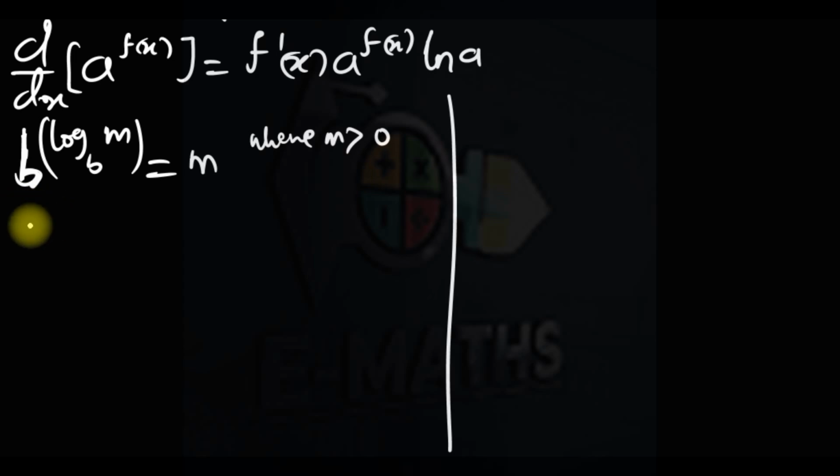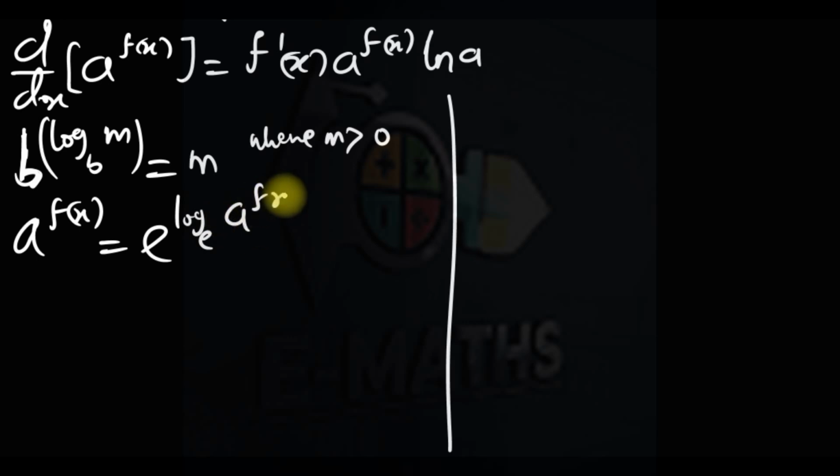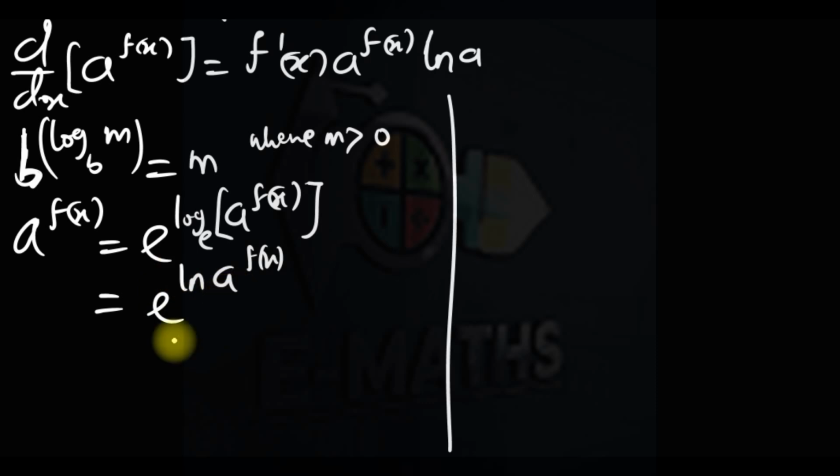Using that same knowledge, I can write a raised to the power f x as e raised to log base e of a to the power f x. Because we can write log base e as ln, so ln of a raised to the power f x. So we are still on the right track.